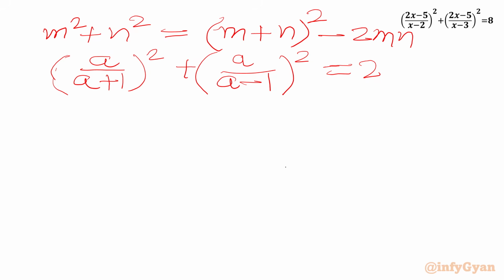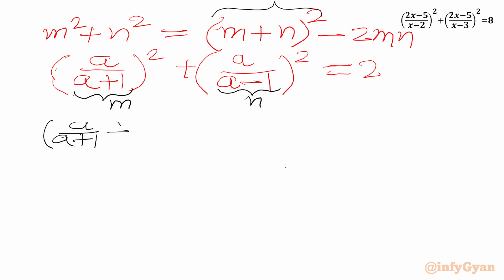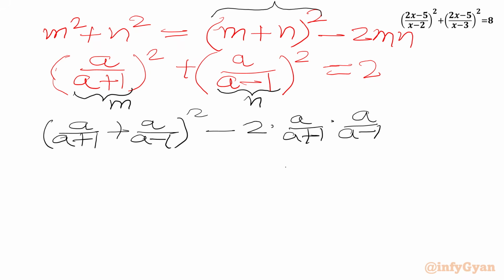Let's assume a over a plus 1 is m and a over a minus 1 is n. So we have to first find m plus n whole square. So let me write here a over a plus 1 plus a over a minus 1 whole square minus 2 times mn, so a over a plus 1 times a over a minus 1, equal to 2.